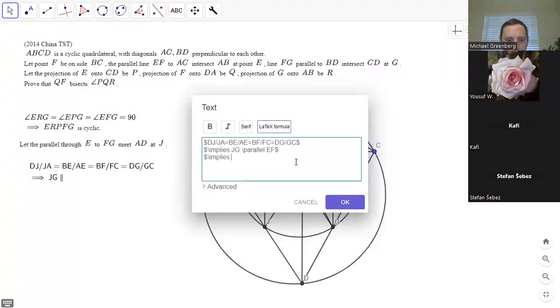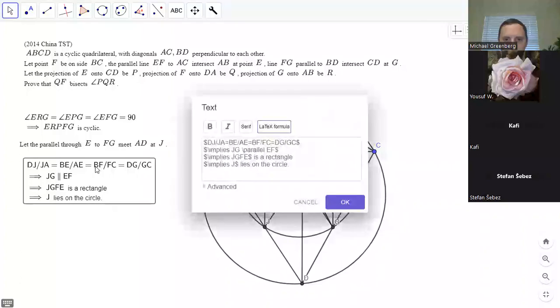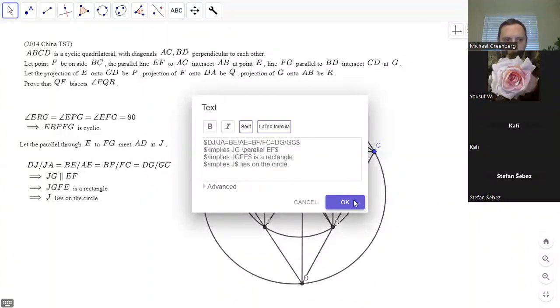Which means that JGFE is a rectangle. And that means that J lies on the circle. And then from there, it's easy to show that Q lies on the circle.